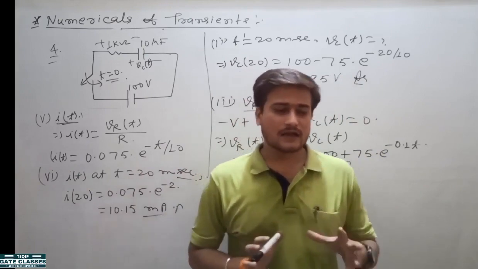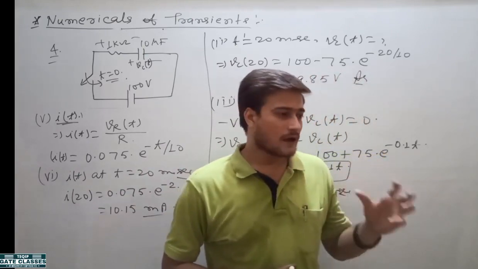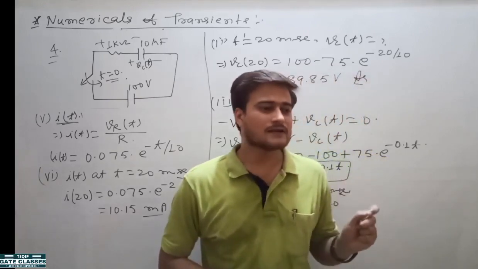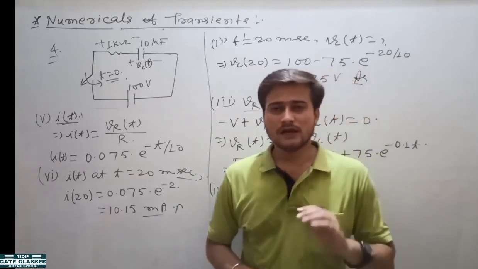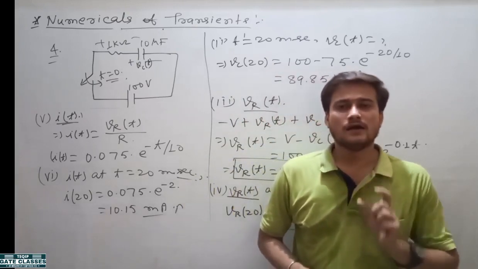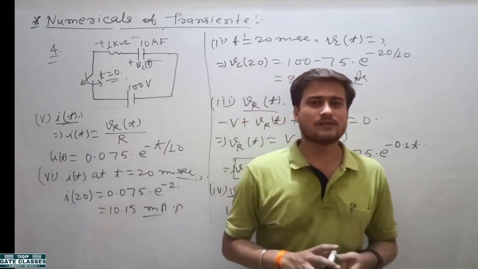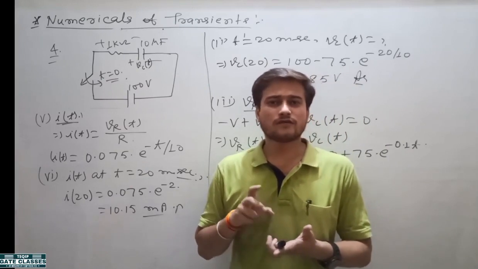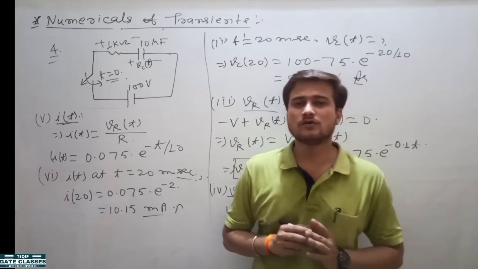Then we will discuss the expression for rate of change of current with respect to time. That means we will write the expression for di by dt at time t equal to 0 second. Then we will write the expression for d square i by dt square at t equal to 0 second. Because in the GATE examinations, they ask questions on the rate of change of current or rate of change of voltage at time t equal to 0 plus second.